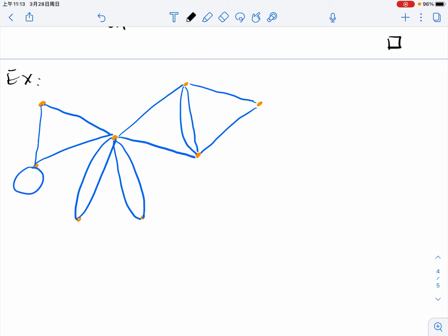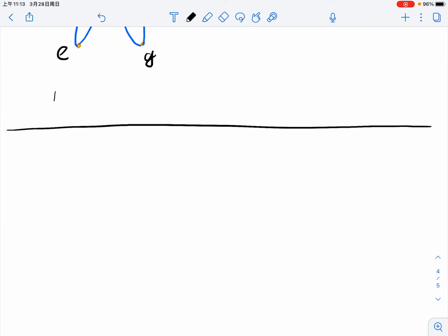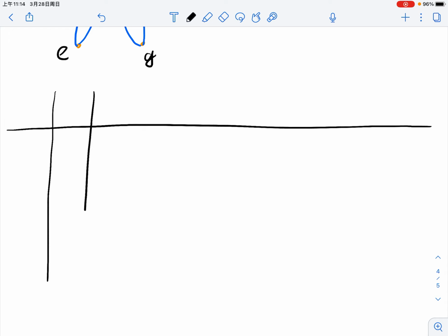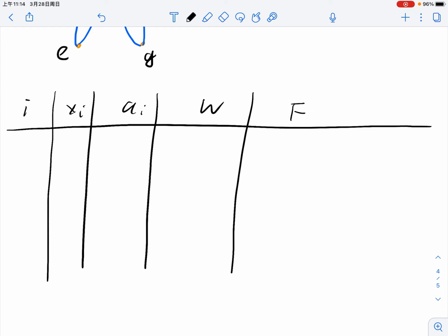And here you have the vertices A, B, C, D, E, G, F, H. So when i is 1, x1 is B, and alpha 1 is AB, and W is the set {A, B}.